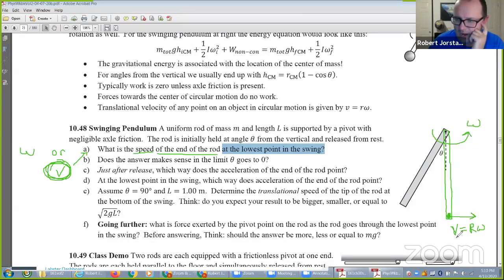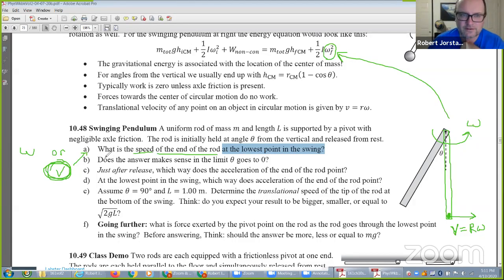So we're going to try and figure out V, but it's easier to get omega first. If I can solve for omega final, I can plug that in and get the velocity. That's our sketch.